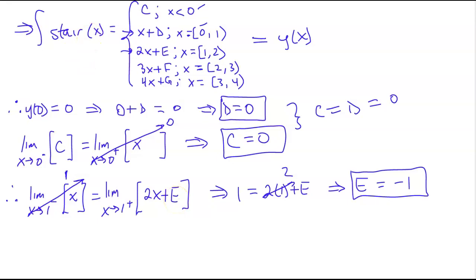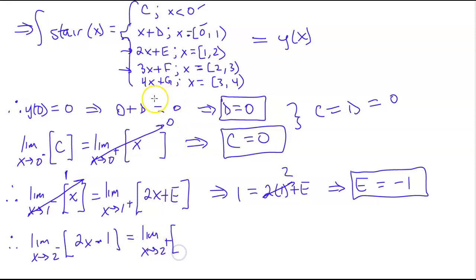So we've taken care of the first 2. Now the next 2 that we need to look at are these 2 here, and we repeat the process again. So the limit as x approaches 2 from the left of 2x plus e, and remember e is -1, and then the limit as x approaches 2 from the right of 3x plus f.